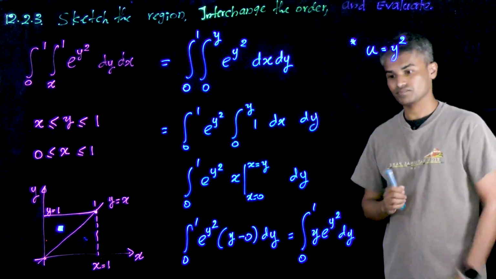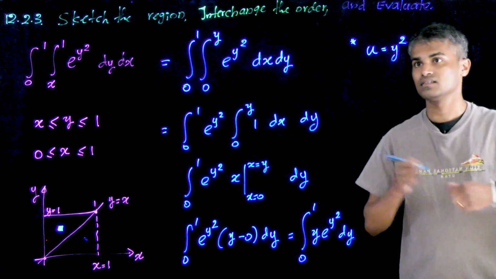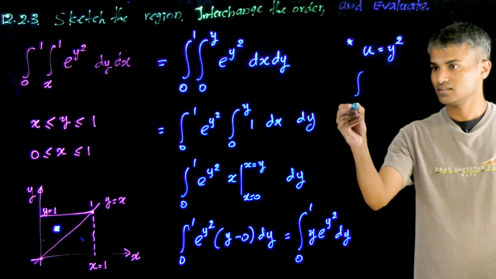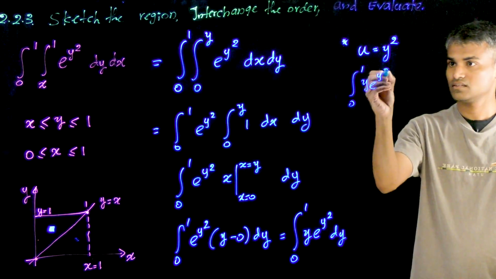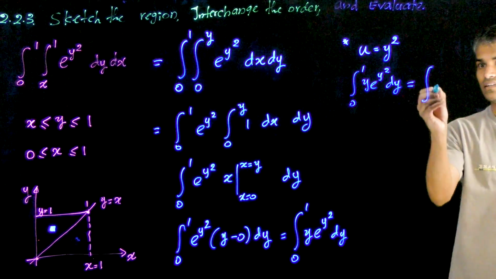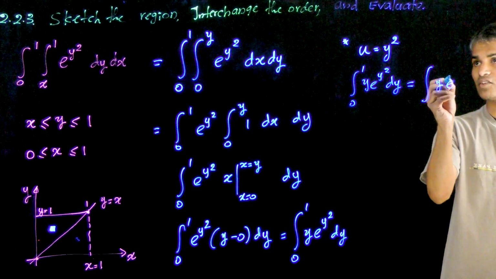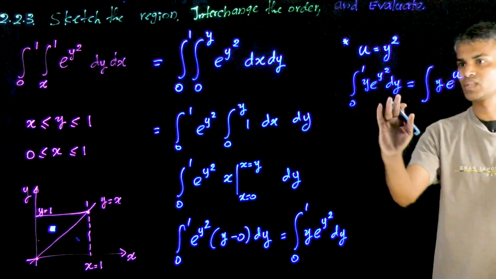Now, if u equals y squared, this integral becomes integral, let us write this y as it is, but here you have e to the u, because y squared equals u.